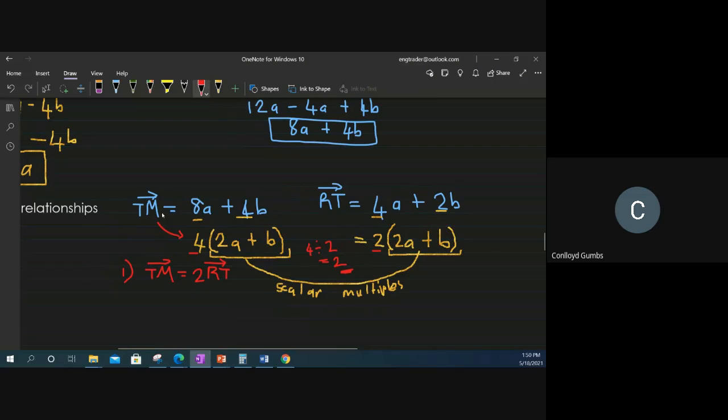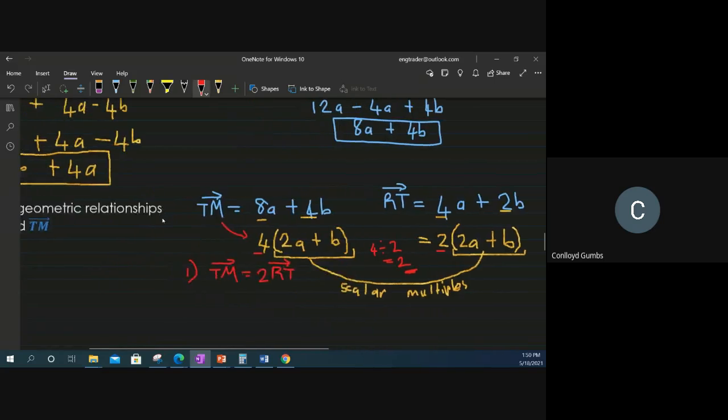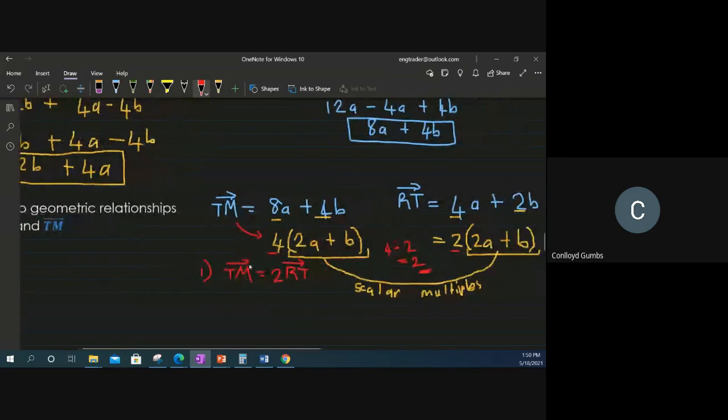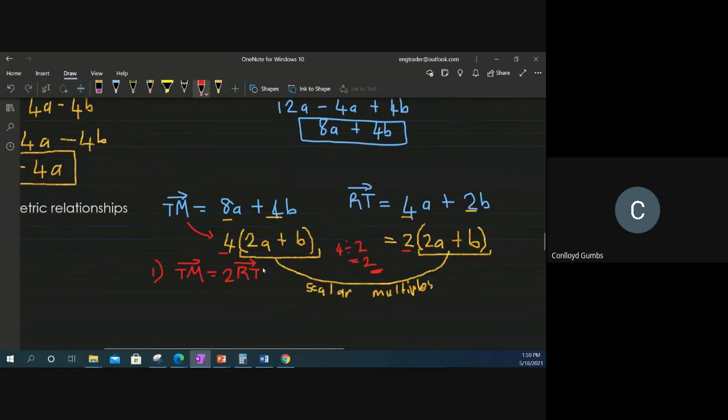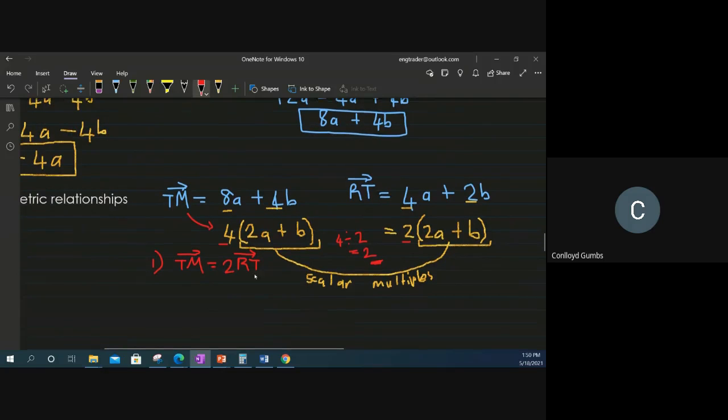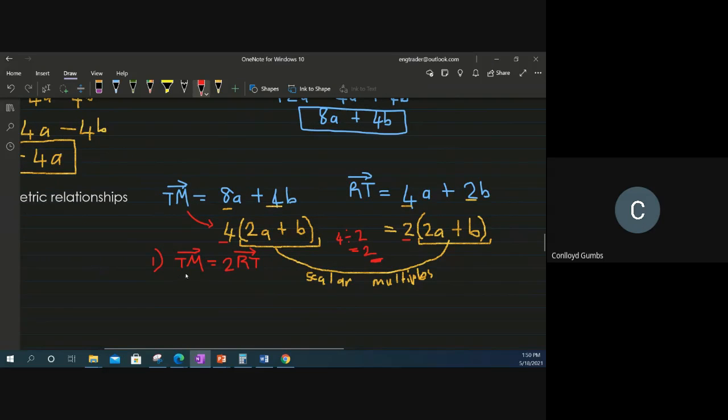And if you look at this now, which ones do you have to do? TM and RT, right? So that's the first ones we do. Then the next thing we need to do is compare to see if they have similar points. Now, if you look at this, you realize that we have T here and a T here.